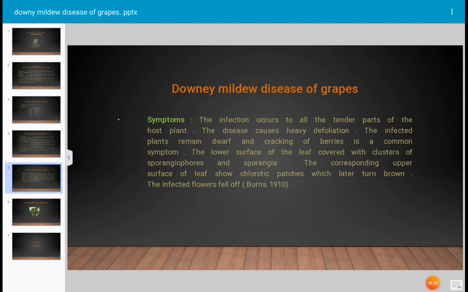The lower surface of the leaf is covered by numerous sporangiophores and sporangia, and the corresponding upper surface of the leaf shows yellowish chlorotic patches which later turn brown and fall off on the ground, and the infected flowers fall off. Such symptoms you have observed on the infected plant material, and you have to write like this.